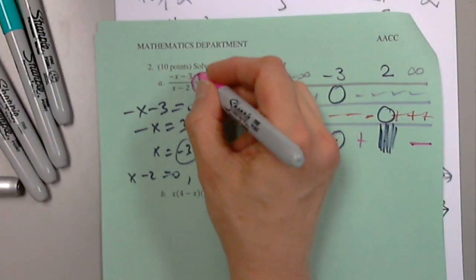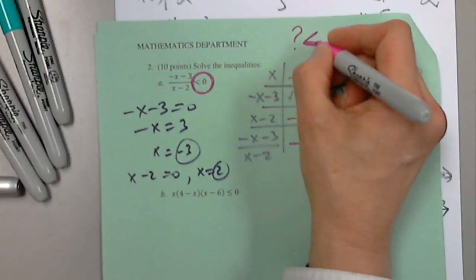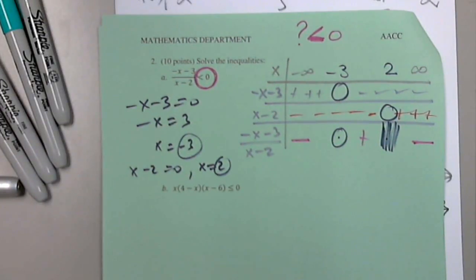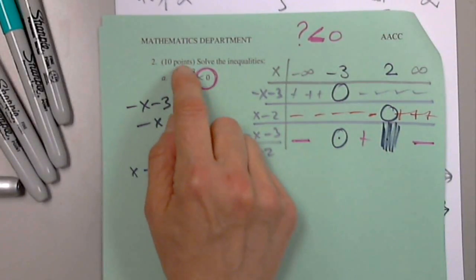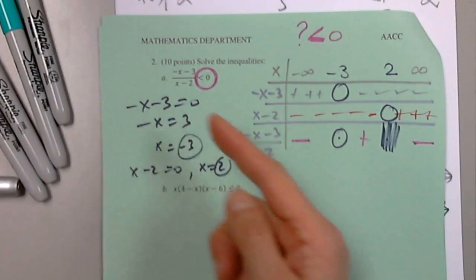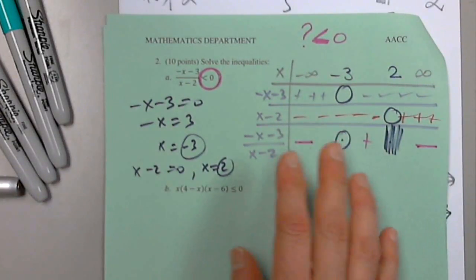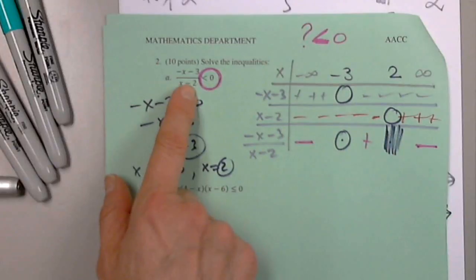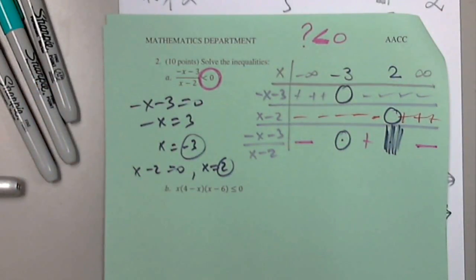Only now I look at this. Which sign is less than 0? Negative. So now the question, one more time, is that I'm asked to find x that makes this less than 0. Is this ever less than 0? As you know, I don't care about the top ones. I only care about this. Is this expression ever negative?